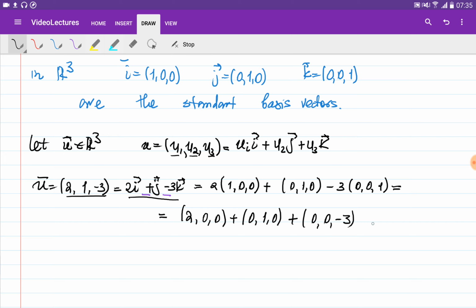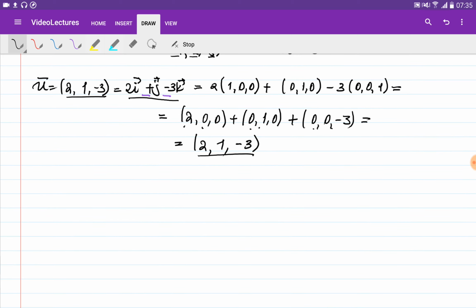When we add 3 vectors, we need to add them component-wise, right? Every first component we add and write as the first component. Every second component we add and write as the second component. And all the third components we add and write as the third component, and we get exactly the original vector. So basically, we can express any vector in 3D using the basis vectors.